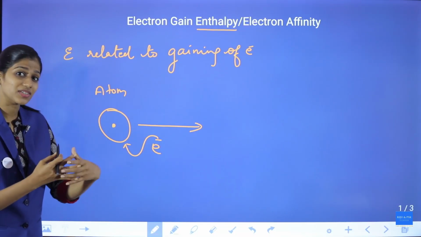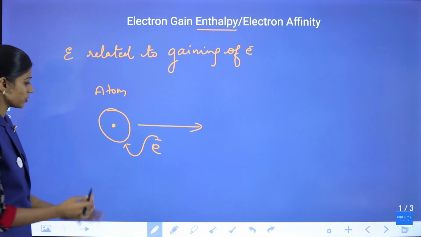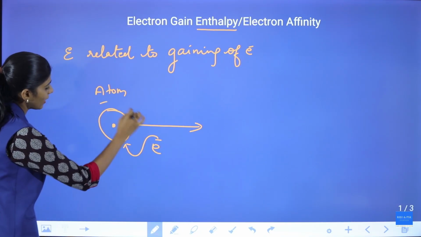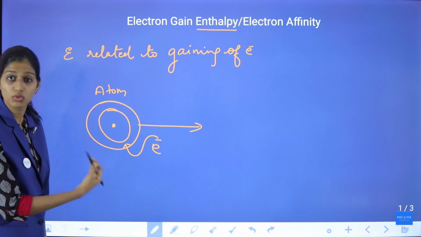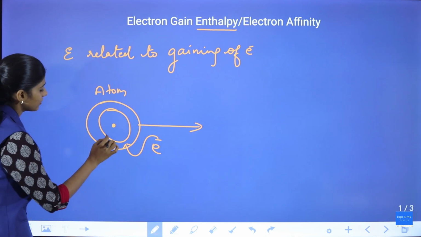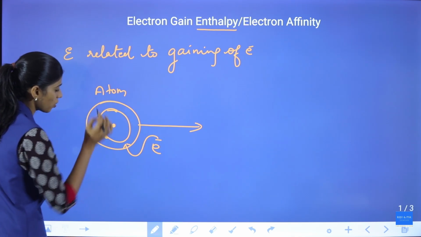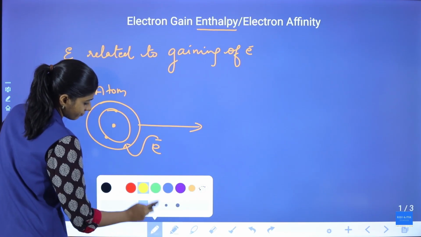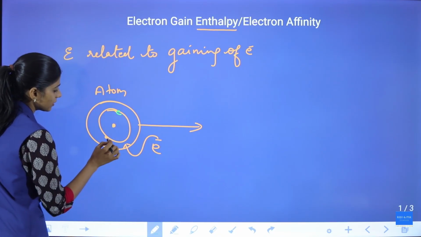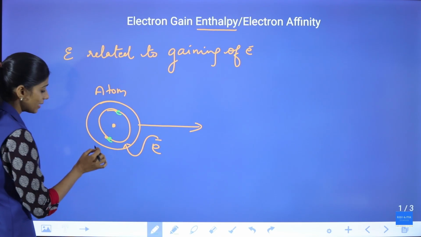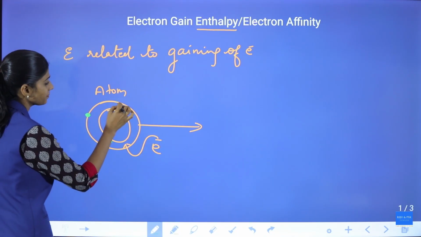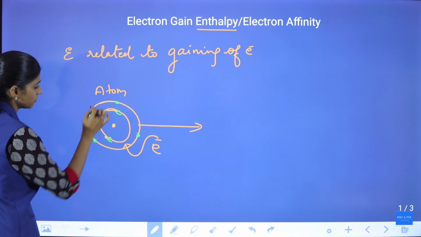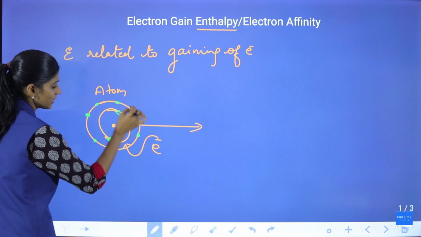Suppose there were two shells, and here you had two electrons in the first shell, and let us say another 7 electrons in the second shell.